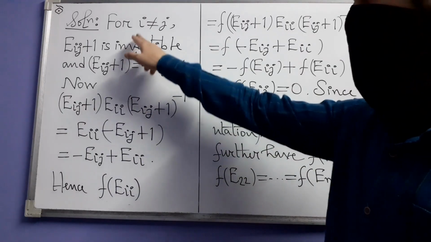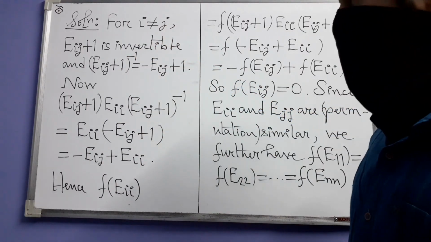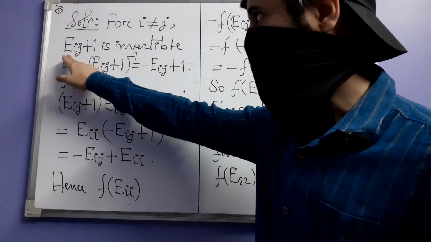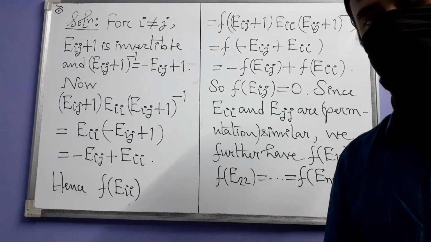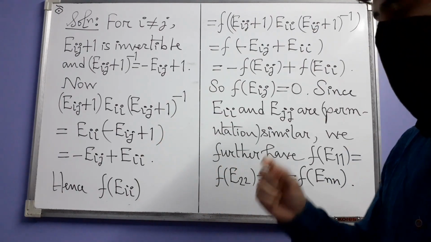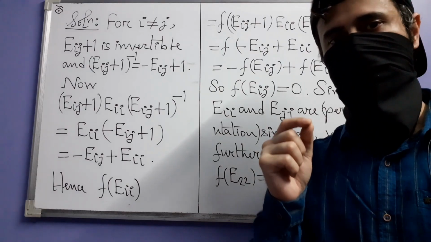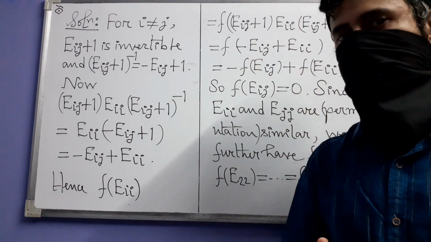Solution. We take two distinct indices i and j. Then Eij, the matrix Eij plus the n by n identity matrix is invertible. You remember what Eij is. Eij is that matrix whose ith row jth column entry is 1 and all the other entries are 0.